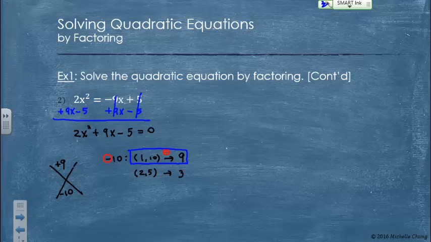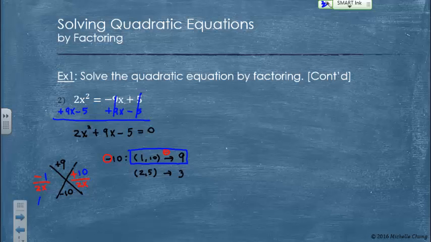So now let's write 1 and 10. And to decide the sign, because a times c has a negative value, we should have one negative and one positive. And because b is positive, your right side, which is the bigger number 10, is positive. Then the other one should be negative. And now divided by a, which is 2x, and then divided by a, 2x.